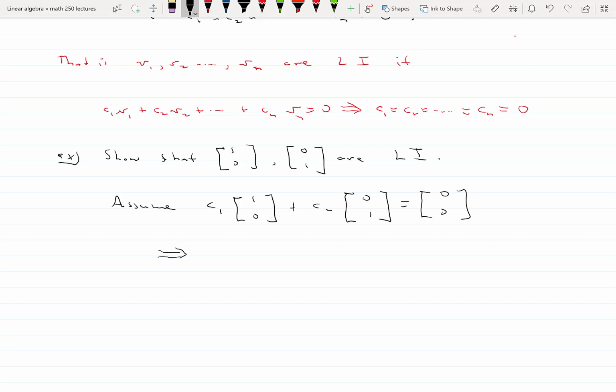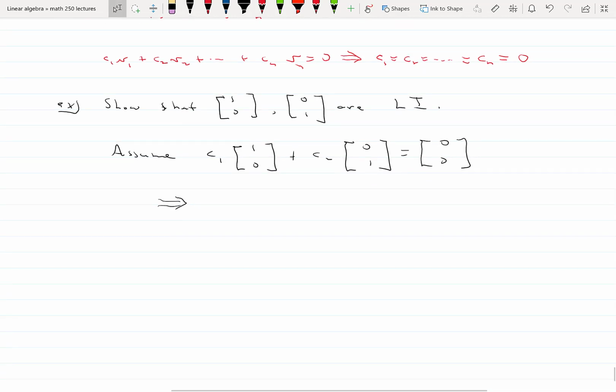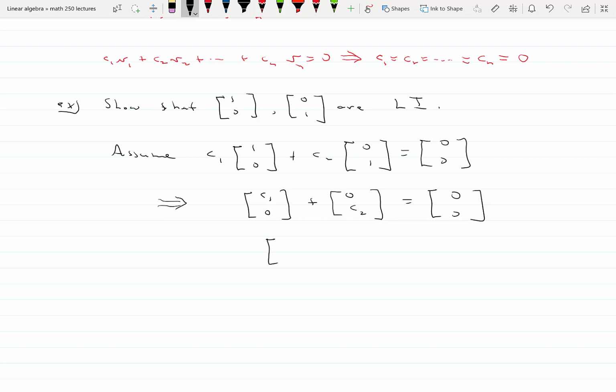So if we assume that equation holds true, the definition of scalar multiplication says C1 times (1, 0) is the column vector whose entries are C1 and 0. Similarly, C2 times (0, 1). And vector addition gives us that this is C1 and C2.